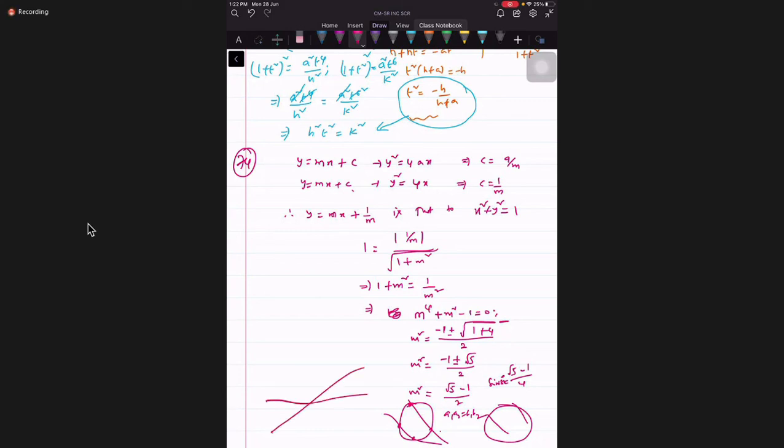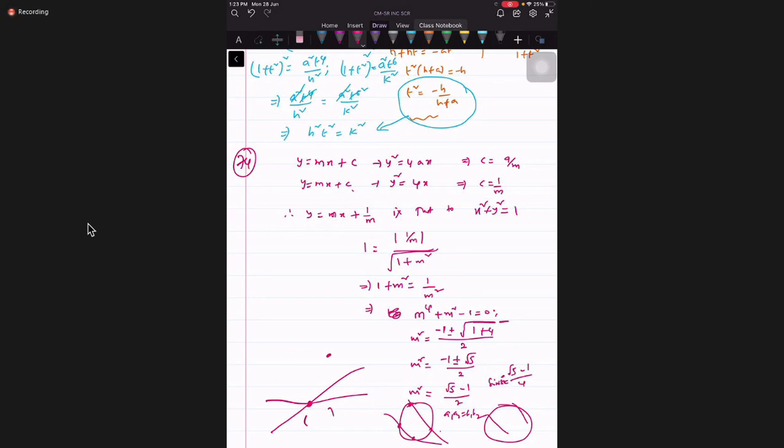This is a family of lines. If you find their point of intersection, you'll get that point here. Okay, 2x - 3y + 4 and x - 2y + 3 = 0. You'll get the point of intersection. Then what they are asking: S is the sum of the minimum and maximum distance of the origin from the locus of the image of (2, 3) in this line.